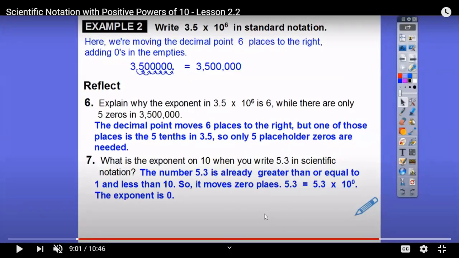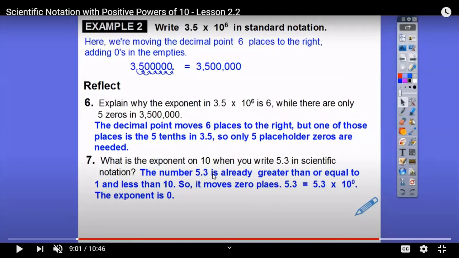I have 5.3 already written in scientific notation. We have only one digit before the decimal point, and we will not move the decimal point anymore. Then it will be 10 to the power of 0. Take care about this point.